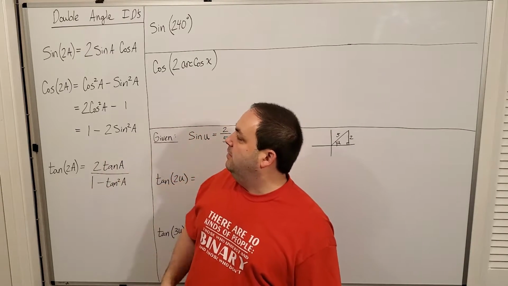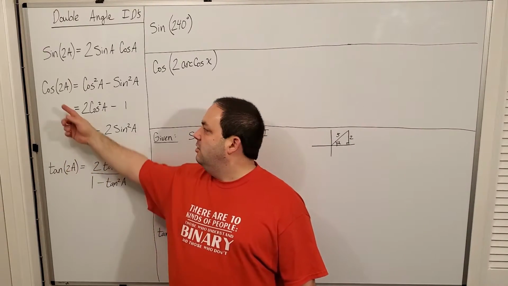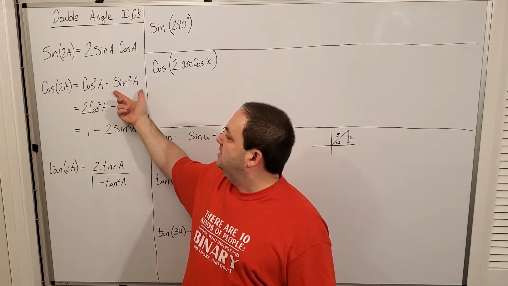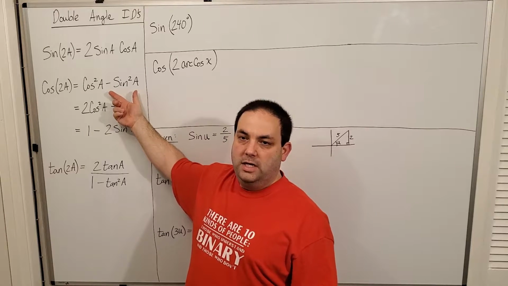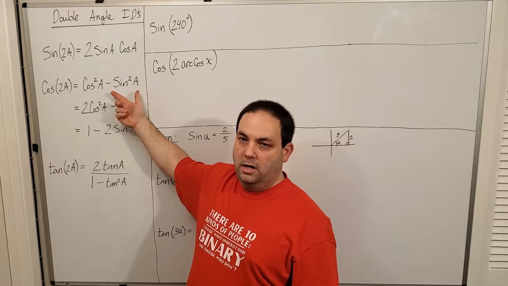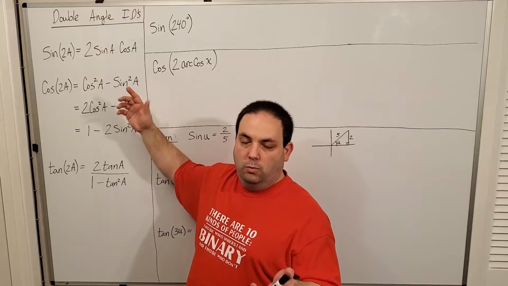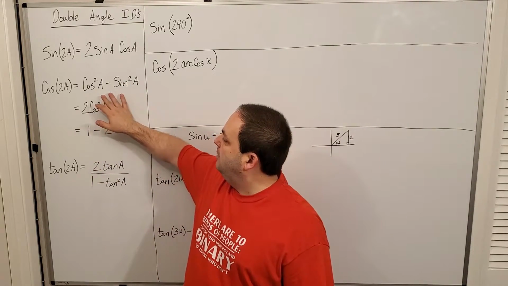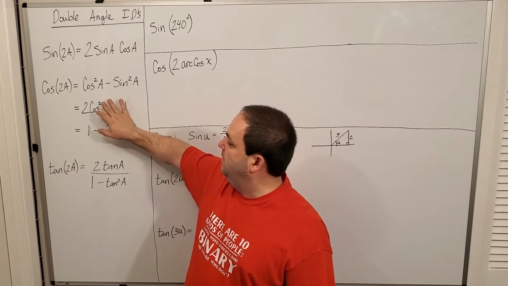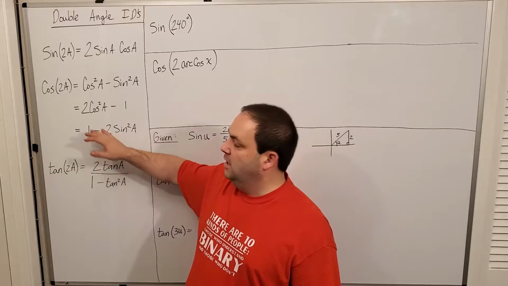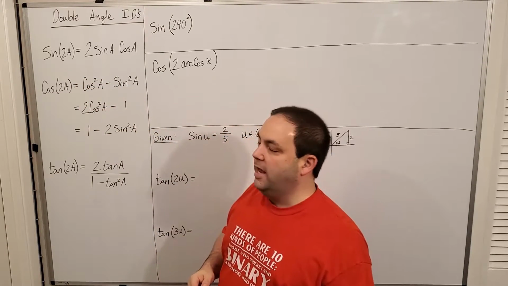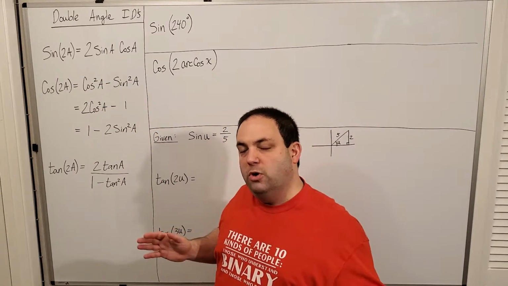Okay? Same thing. Cosine of a plus a, cosine of 2a, gives us cosine squared a minus sine squared a, straight off of the sum formula for cosine. Okay? But with some help of the Pythagorean identities that we have, I'm able to manipulate this particular one into two other forms. So we actually have 3 different forms of the cosine of 2a, and you can actually use whichever ones you want.